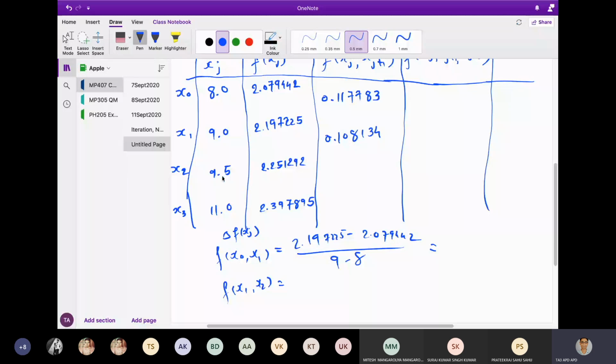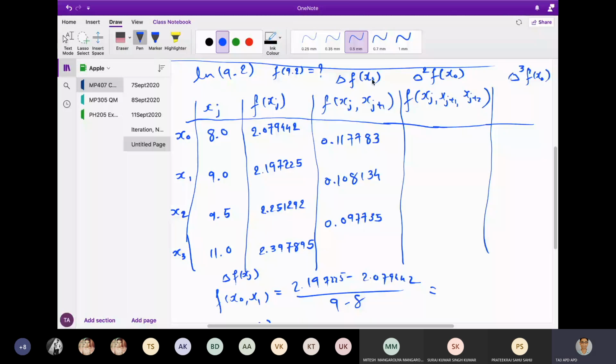So difference of these two divided by this difference should give you 0.097735. So that is your f of x not x1, first order, so delta f of xj, actually it should be xj.